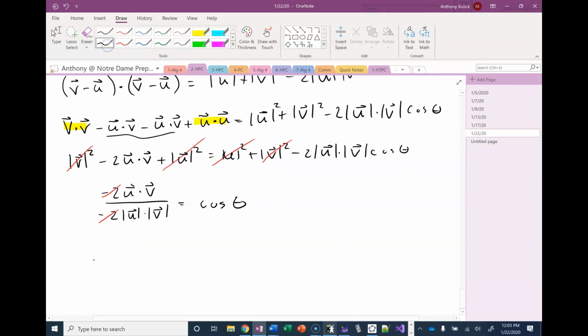And if I take the cosine inverse of both sides, I am done. So this formula to calculate the angle between two vectors is really just an application of the law of cosines.